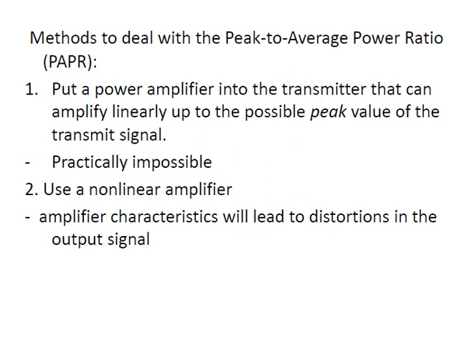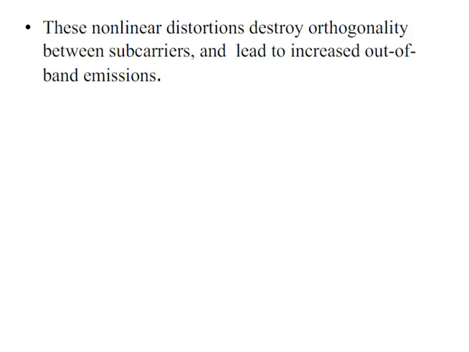Use a non-linear amplifier instead. The amplifier characteristics will lead to distortion in the output signal. These non-linear distortions destroy orthogonality between subcarriers and lead to increased out of band emissions.